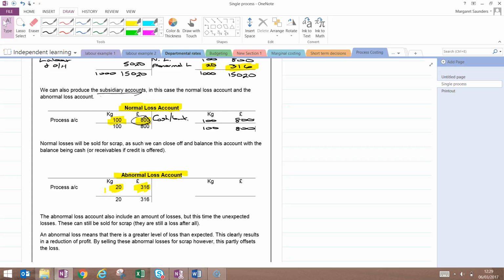But it's still misshapen chocolates, and we know we can sell them for £8. So on our abnormal loss account, this 20 kilos that we lost, we can also sell for £8. Okay, 20 kilos, sell it for £8, means that we can get £160.